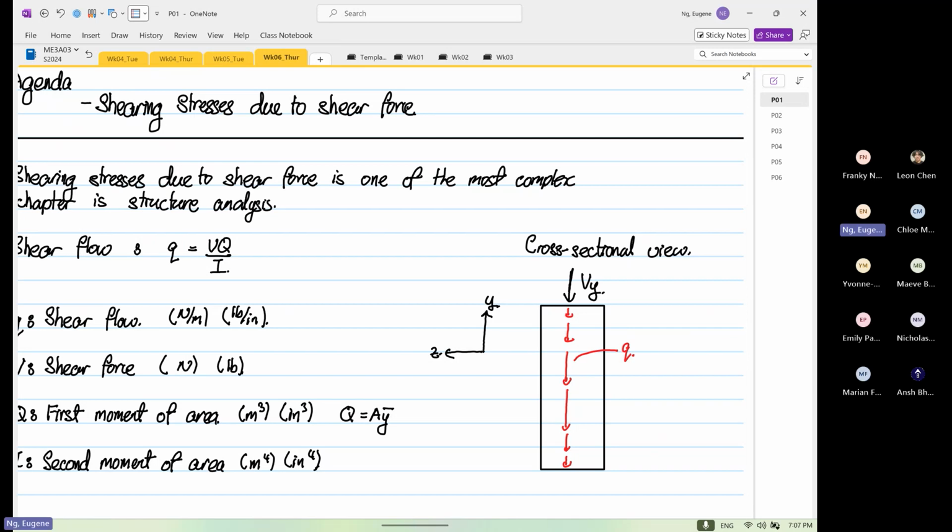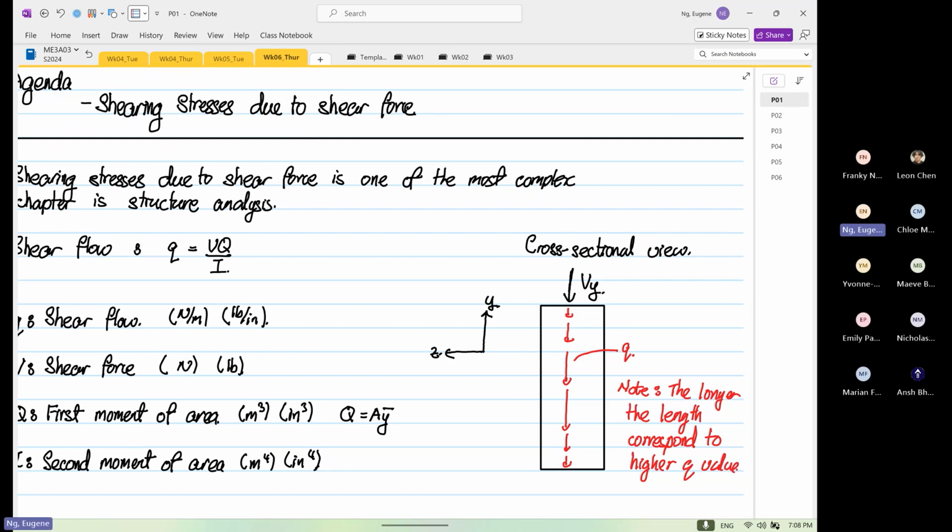I change the length as it progresses. Note that the longer the length corresponds to a higher q value.